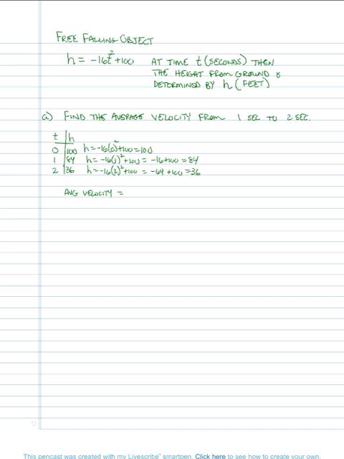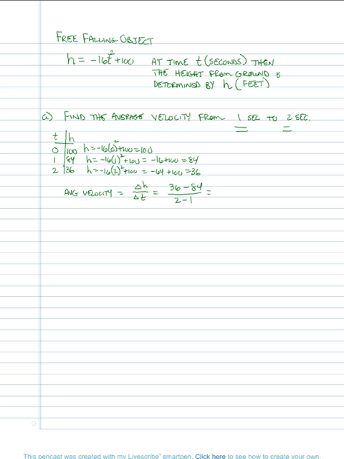To calculate the velocity, it's going to be the change in height divided by the change in time, between 1 and 2 seconds. At 2 seconds, we're 36 feet off the ground, minus at 1 second, we're 84 feet off the ground, and we divide that by 2 seconds minus 1 second.